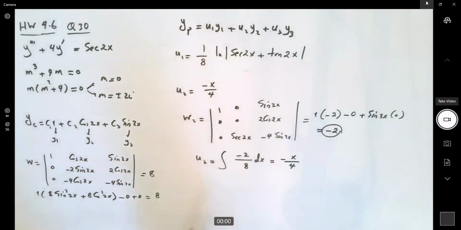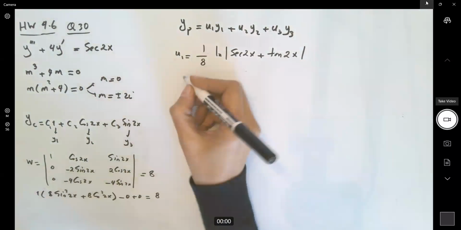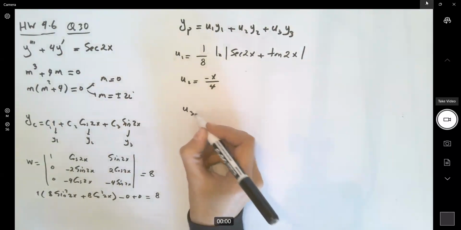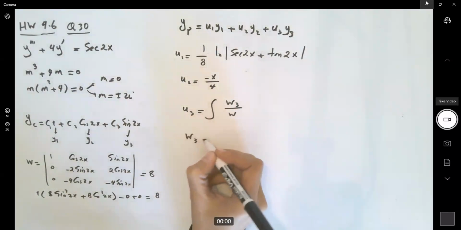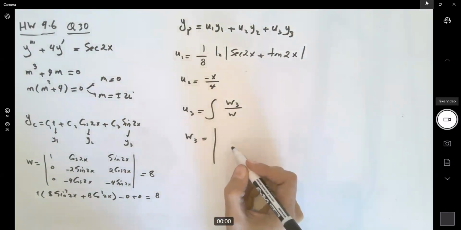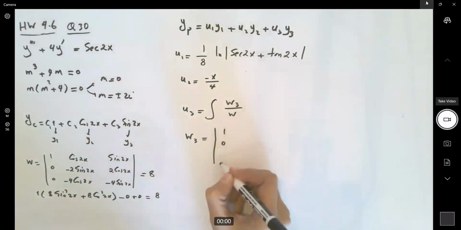Now we have to move on and find u sub 3. u3 is the integral of w3 over w, and w3 is the determinant where the very first column is related to y1: 1, 0, 0.